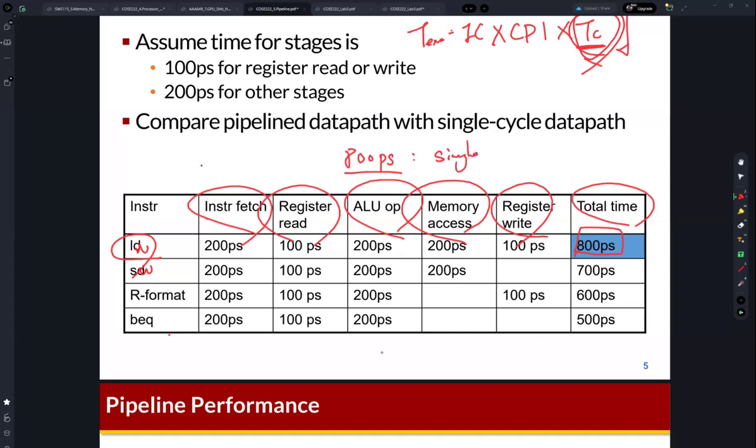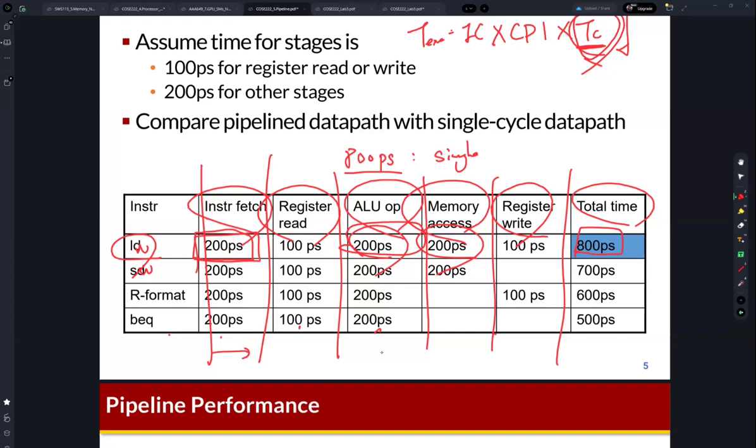Then we split this single cycle processor into 5 stages, so we can apply the pipeline design to the single cycle processor. Each column represents the delay of each stage, right? Then what's the longest delay? The longest delay is 200 picoseconds here.